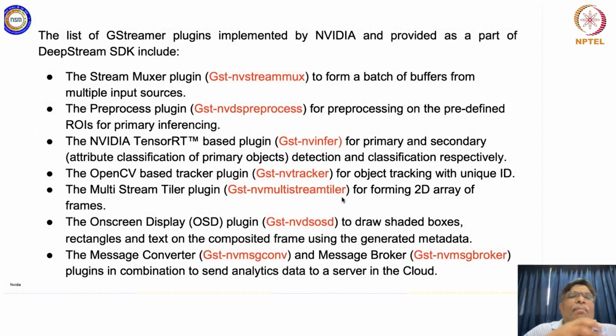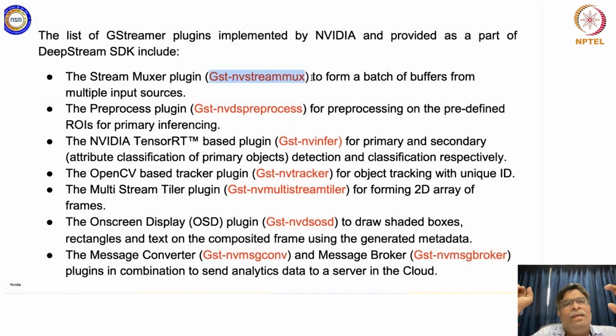Now, for example, this stream muxer plugin, which is called GST NVStream Mux, actually forms a batch of buffers from multiple input sources. So what does this plugin do effectively? You are going to get a lot of buffers, based on how many multiple input sources you get, and for each of these input sources, this GST NVStream Mux is going to create a buffer for you, right?